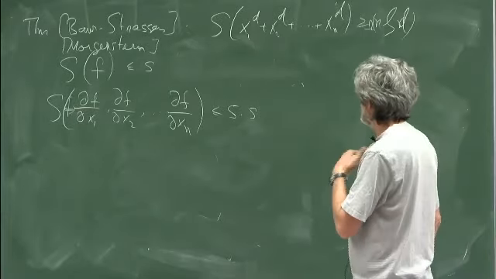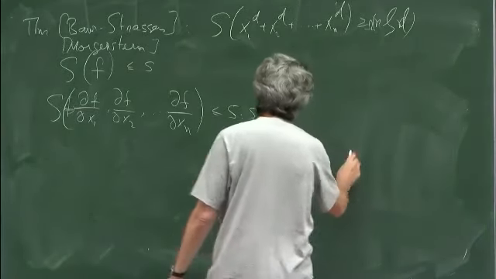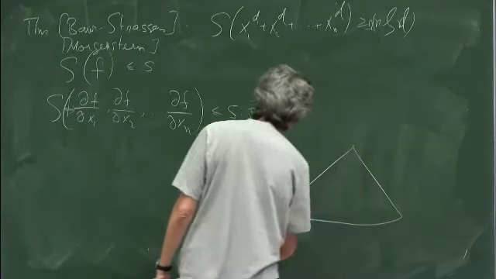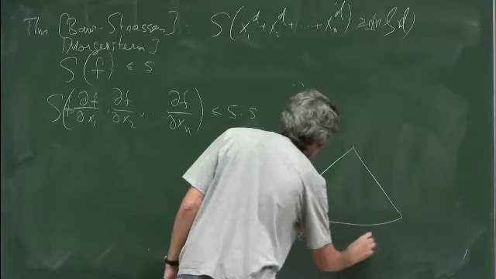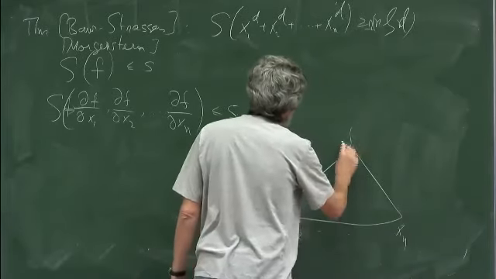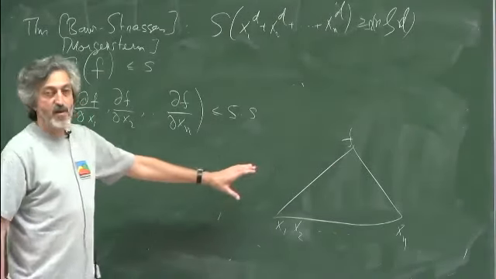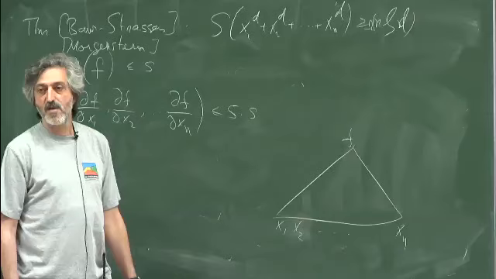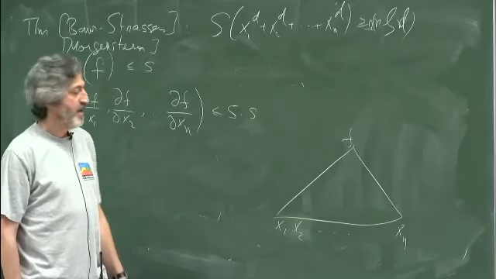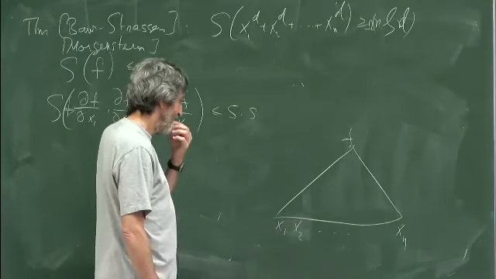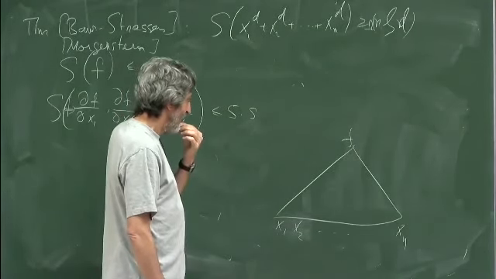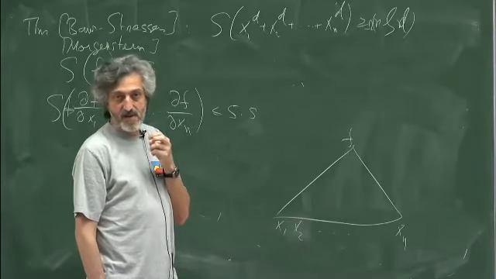So what's the picture? The picture is the following. This is the Morgenstern picture. This is what we assume, that we have some circuit that computes the polynomial f, and we want all partial derivatives.